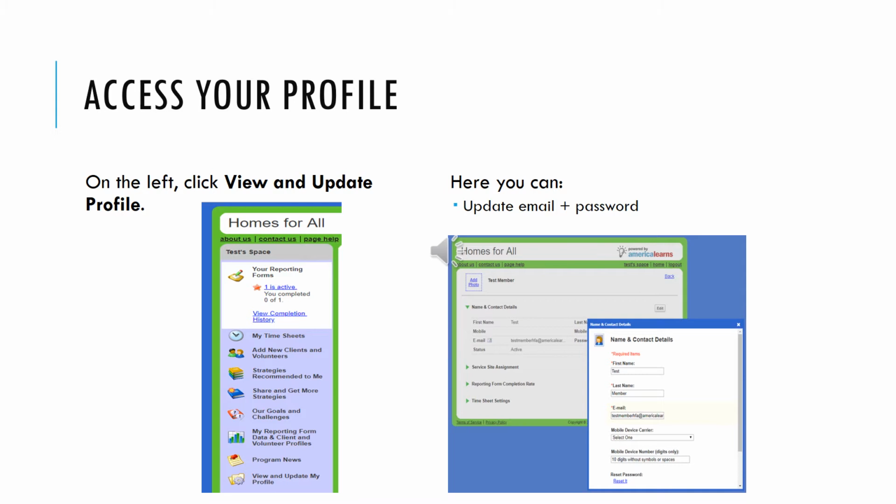That way, if we want to send a text message through America Learns, maybe just like a notification on, hey, we got a reflection due, or hey, your timesheet's due, we can do that. So we just ask that once you have logged into your America Learns account, you do get your contact information up to date.